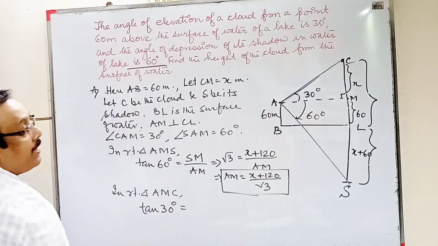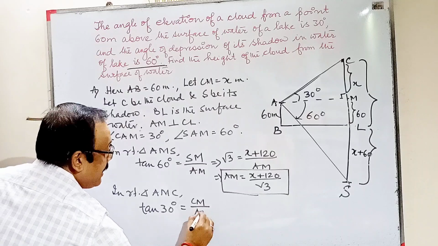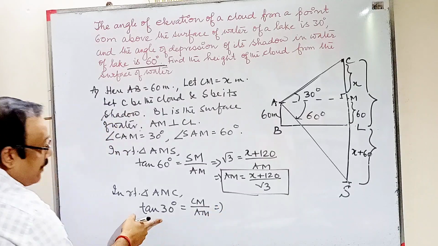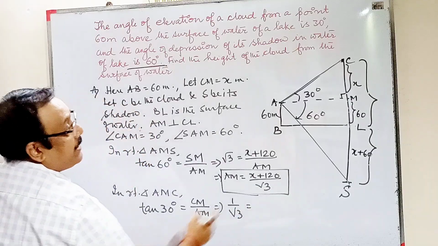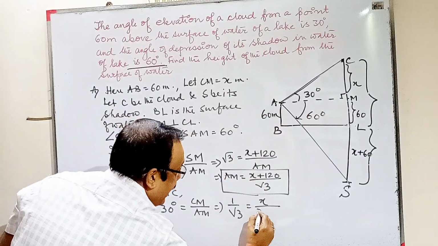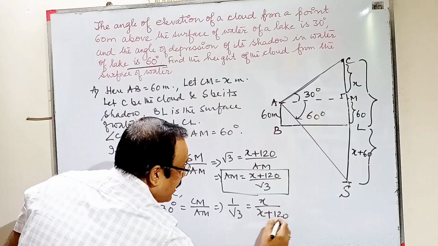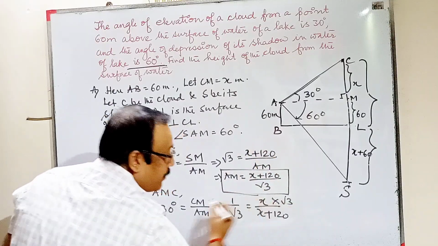So tan 30 is equal to perpendicular CM by base AM. The value of tan 30 is 1 by root 3. CM is x. AM is x plus 120 divided by root 3. That root 3 will go up.